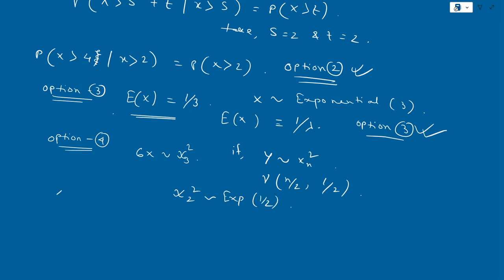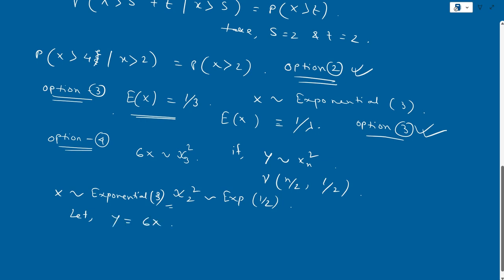Let Y equal 6X and use the transformation, the CDF approach shortcut.